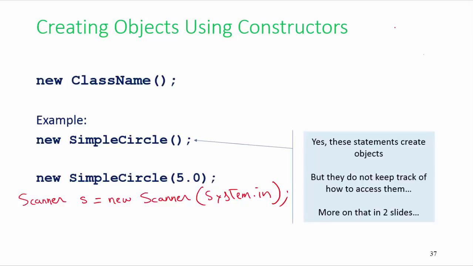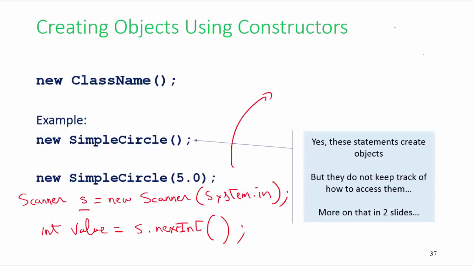And then we could do things like, for example, int value equal s dot nextInt. We call the method nextInt on the object referred to by the variable s, which is an object of class Scanner, and we say pretty much give me the next int that the user is typing, okay?